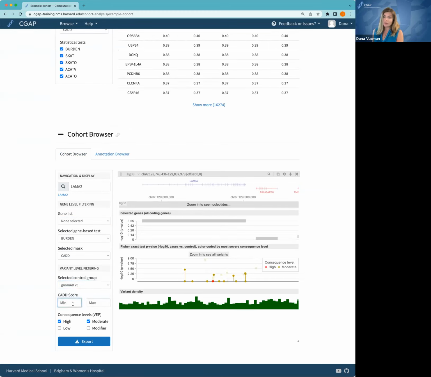You can play with your minimal CADD score if you would like. You can look only at variants with CADD scores that are higher than 20, and you see that many of the variants are now disappearing from the visualization.